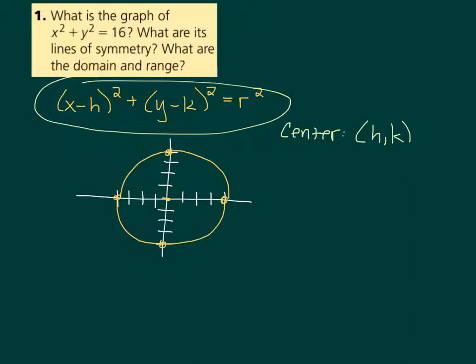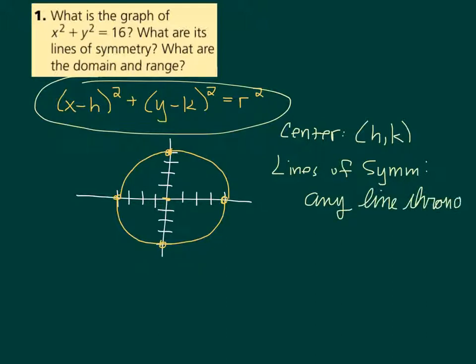What are its lines of symmetry? So for a circle, how could I draw a line through this circle that cuts it in half? The main idea for lines of symmetry for a circle is basically any line that goes through the center.